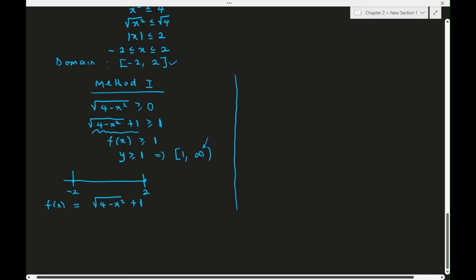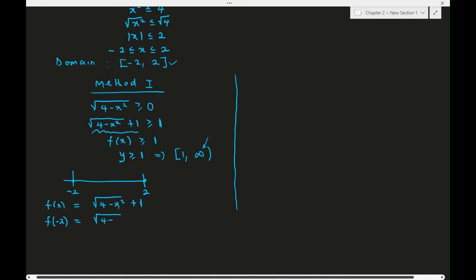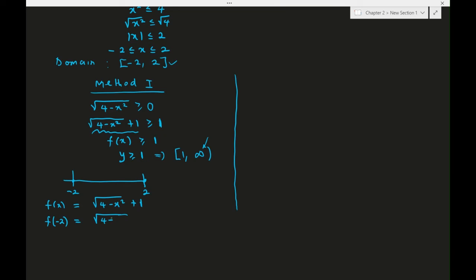Now, look at this. You can try to test the values. So I can test f of minus 2. F of minus 2, you will have the root of 4 minus minus 2 squared, plus 1. This will be the square root of 4 minus 4, plus 1.